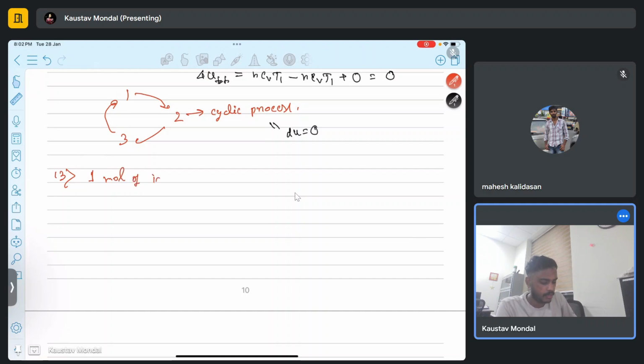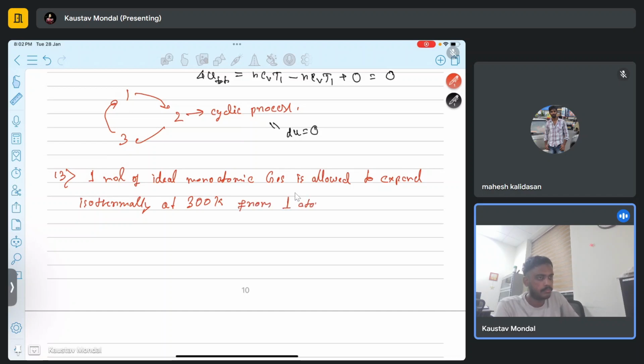One mole of ideal monoatomic gas is allowed to expand isothermally at 300 Kelvin from 1 atm to 0.1 atm.